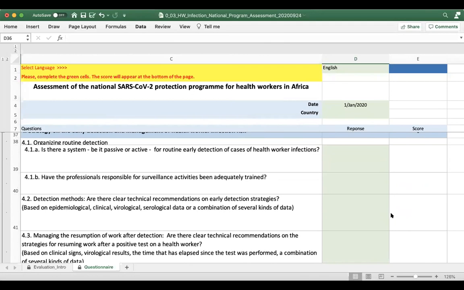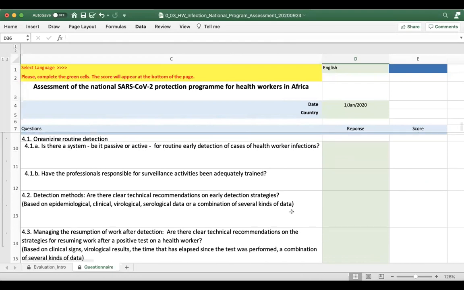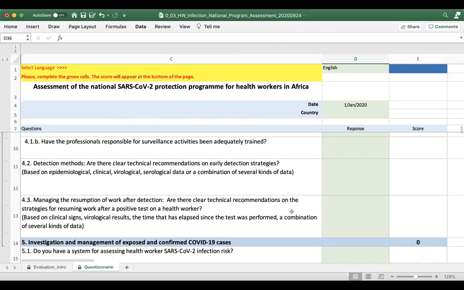And then 4.3 is looking at, once you have those mechanisms in place, what are some of the recommendations around policies, specifically return to work policies around testing, laboratory results, and examination? Those questions can be answered under domain 4.